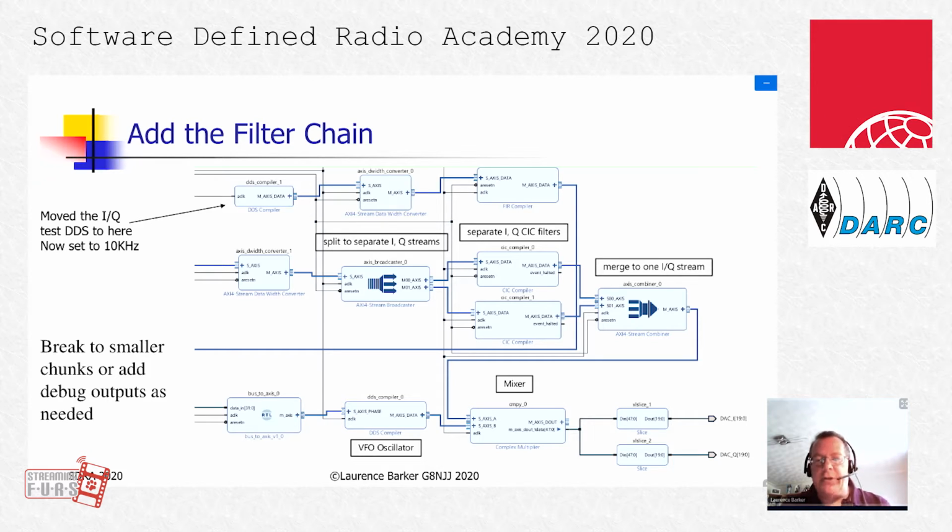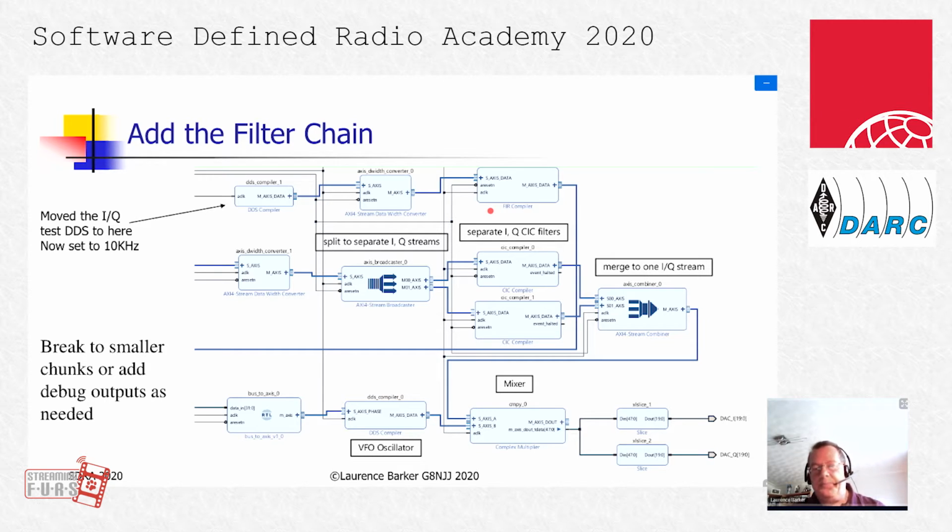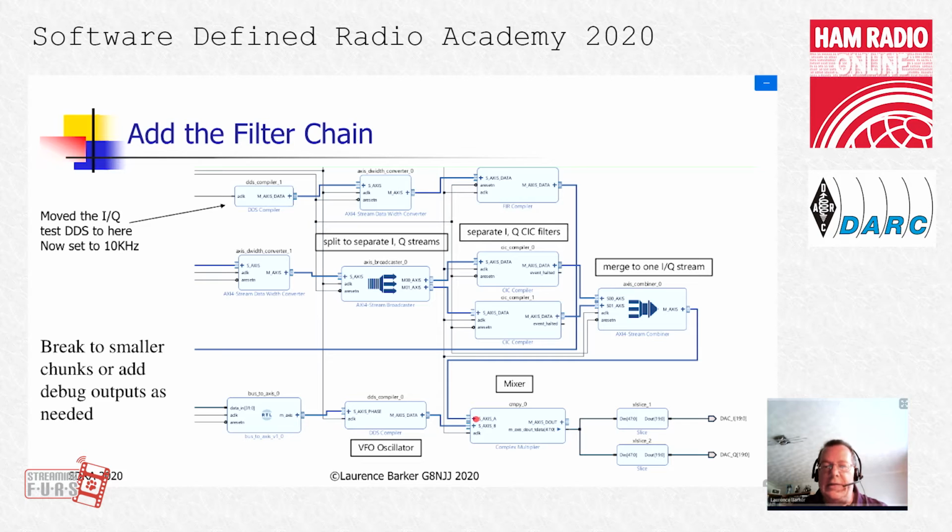I've now added the filter chain in place of that DDS. That is the complete FIR filter followed by the CIC filters, so that the output of the AXIS combiner then feeds into the mixer. And I've moved that test DDS to feed data into the FIR filter.